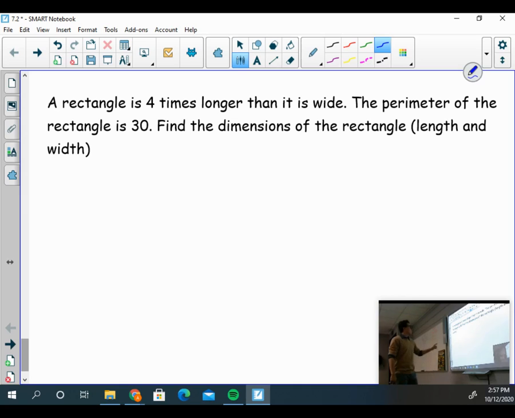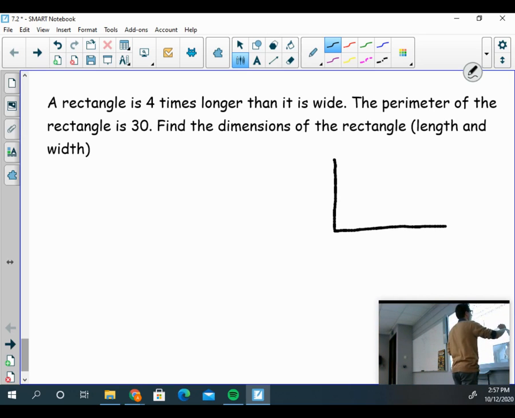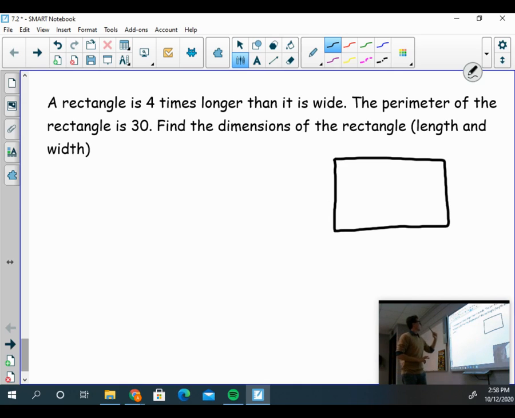A rectangle is 4 times longer than it is wide. The perimeter of the rectangle is 30. Find the dimensions of the rectangle. You know I'm a picture guy, so I'm going to draw a picture of what is happening. I've got a rectangle. The rectangle is 4 times longer than it is wide.